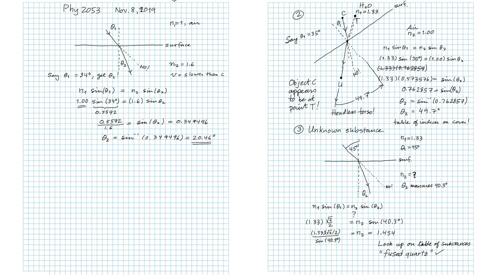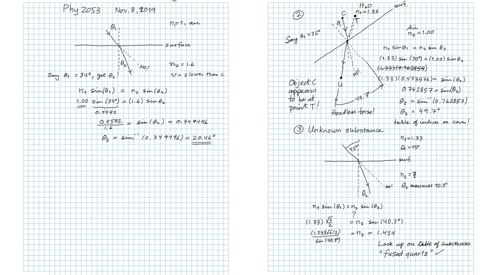Okay, so here's my 45 degree line. Nope, doesn't go there. It's going into a slower medium because it tilts a little bit in. So here's my refracted ray. And this is theta 2. Right? So we can measure that.